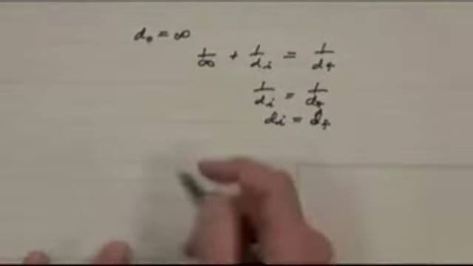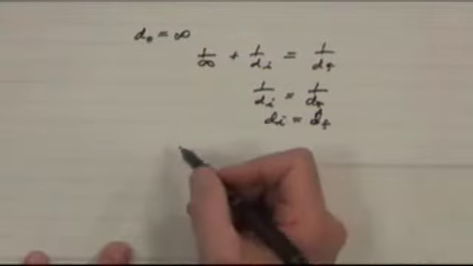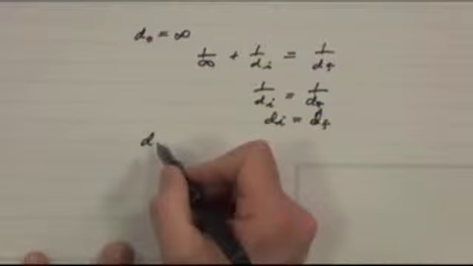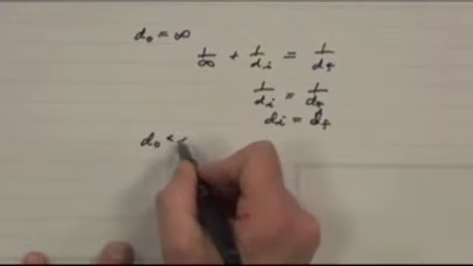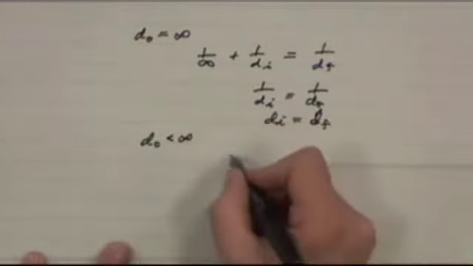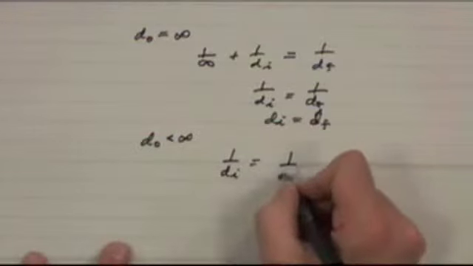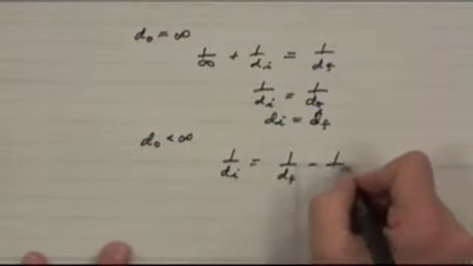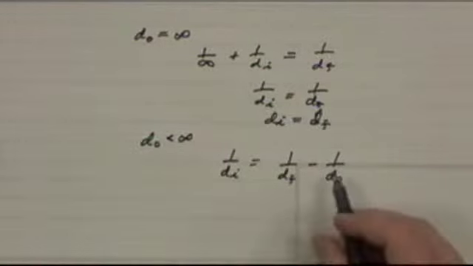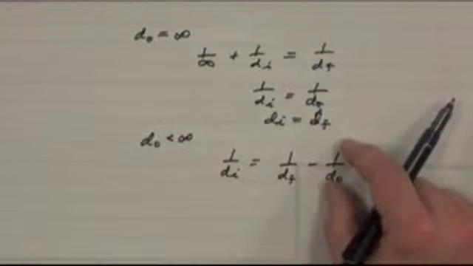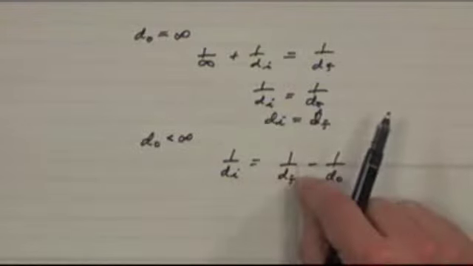Another possibility is that d sub o is less than infinity. Then 1 over d sub i is equal to 1 over d sub f minus 1 over d sub o. In that case, this is a positive constant which you subtract.